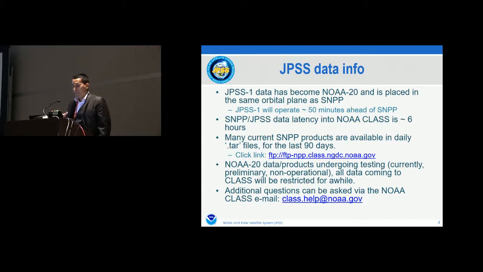All that data in CLASS will be restricted for a while until they go through that process and make sure the data is good quality. If you have any other additional questions, I've found it helpful to contact the NOAA CLASS people themselves. They have a help desk that you can ask for certain inquiries as well.